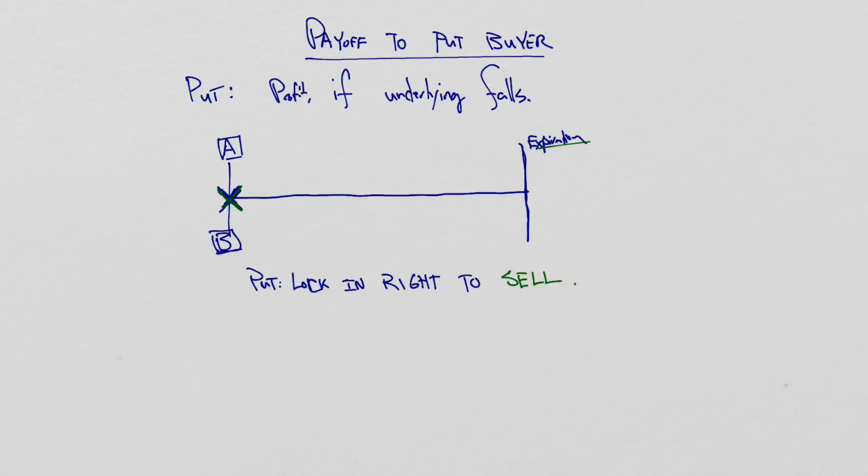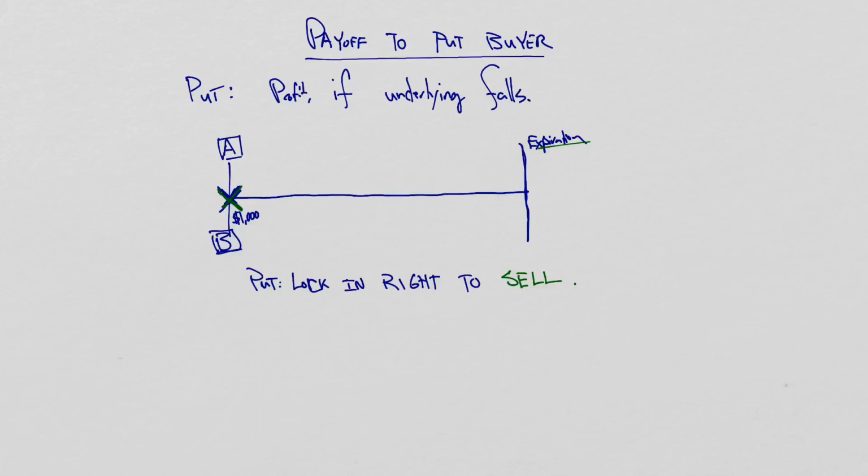So let's make that clear. Let's say X is $1,000 and we're talking about Apple again. B is saying, hey, I want to be able to sell Apple for $1,000. And if B thinks Apple's going to go to $1,500, then they're not going to take this deal.